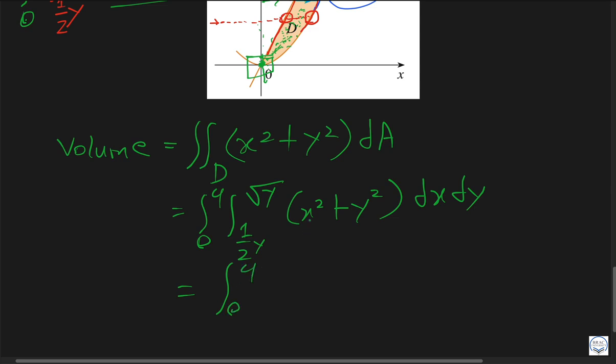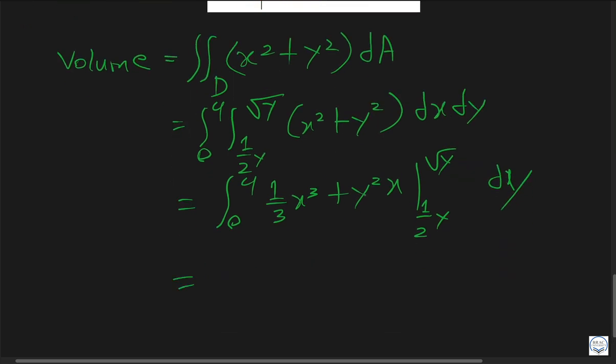We do the x integral first, treating y as a constant. So we have x cubed over 3, plus y squared x, as y is being treated as a constant, and we write the y limits times dy. The x integral is over.